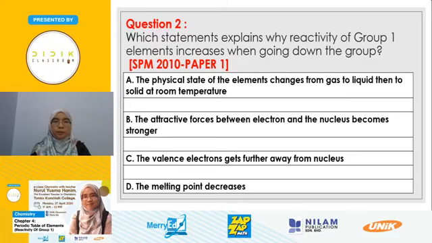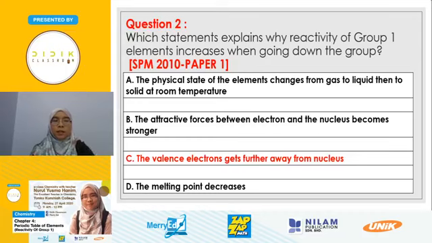The answer is, the valence electron gets further away from the nucleus.